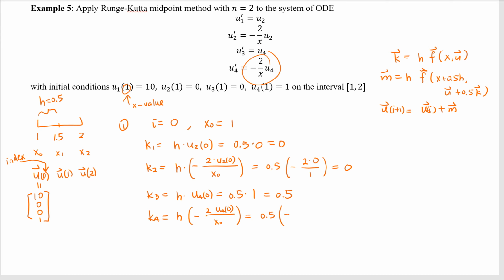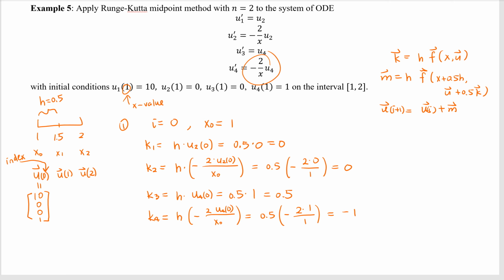H is 0.5, then we have minus 2 times 1 over 1. Oh, it's minus 2 times 0.5, which is minus 1. So far, so good, everybody? So these are the K values.